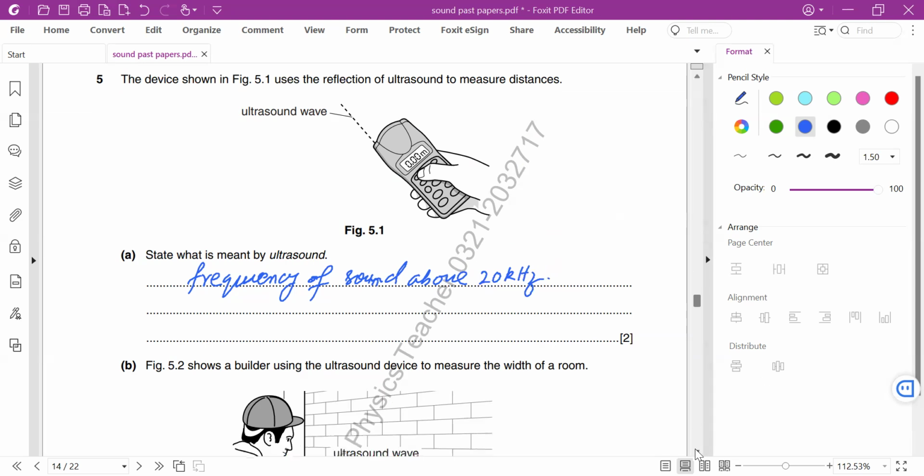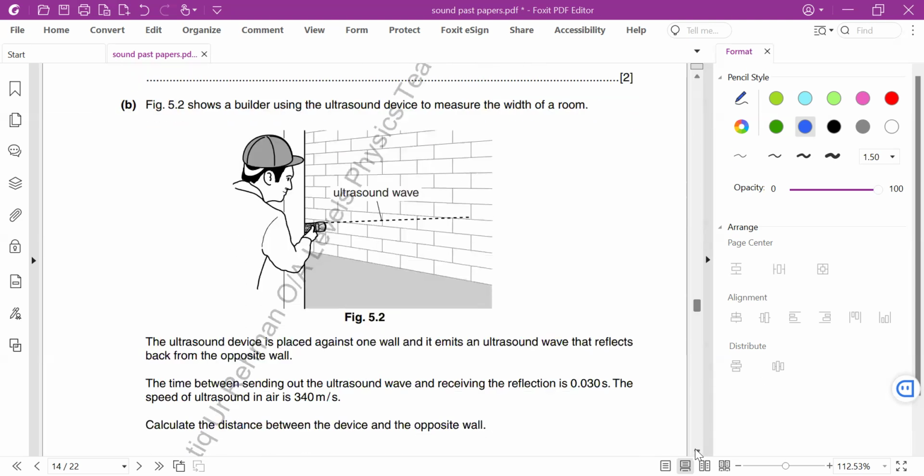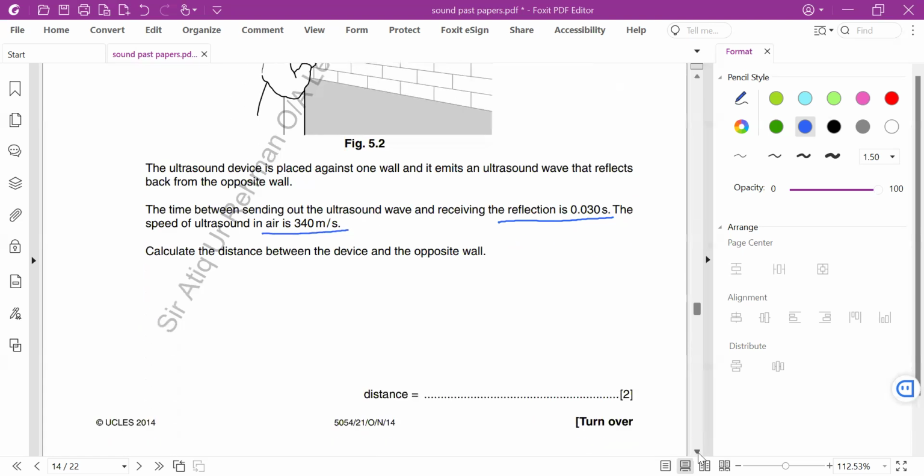Now the person is measuring the distance from wall to wall, the distance between the walls. The wave reflects from the opposite wall. Time of sending the pulse is this. Air speed is the distance between the opposite wall. So remember that v is equal to 2d by t, so d is equal to v multiplied by t divided by 2.